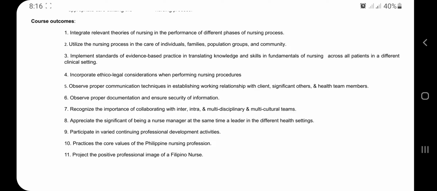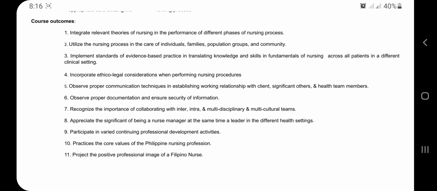Okay, next we have observe proper documentation and ensure security of information. So we need to ensure confidentiality. Dapat meron tayong confidentiality, hindi natin basta-basta na ichichika, okay, or na ichichismis yung mga kalagayan ng ating patient.